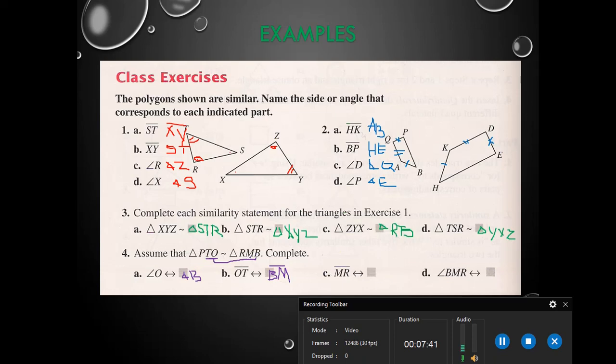Side MR right here aligns with side TP. And these are line segments, so if you called it PT, that would be acceptable. And they're calling the last one angle BMR. To maintain that order, it's OTP. And I'm just using the similarity statement to help me figure out the correct order.